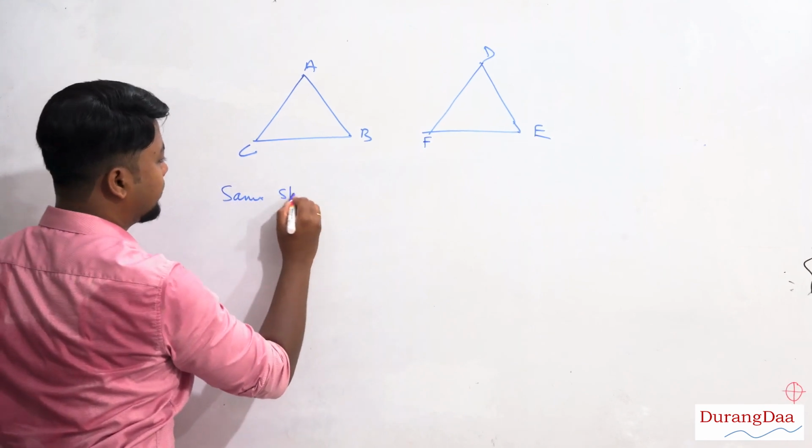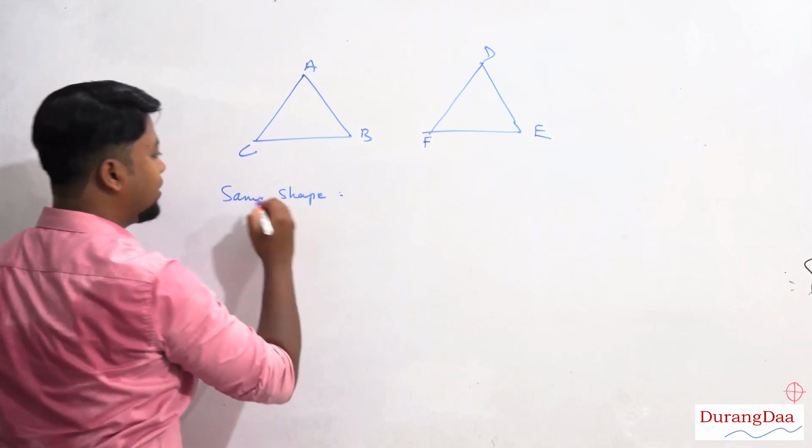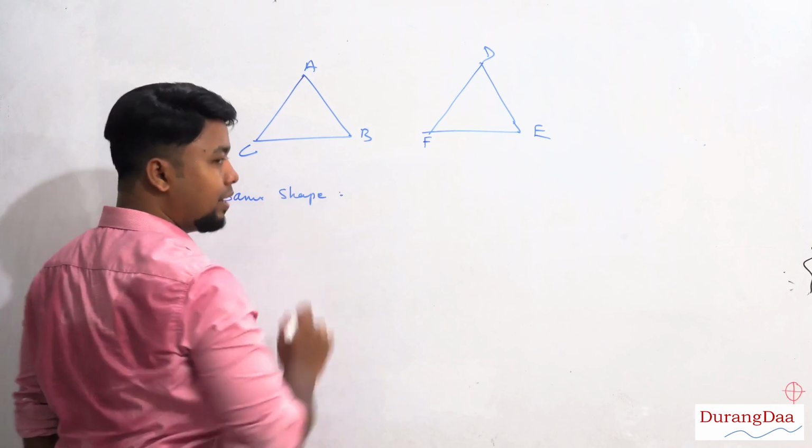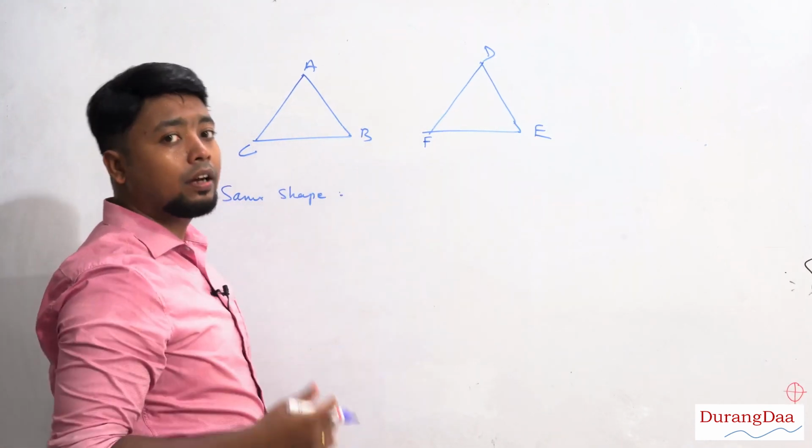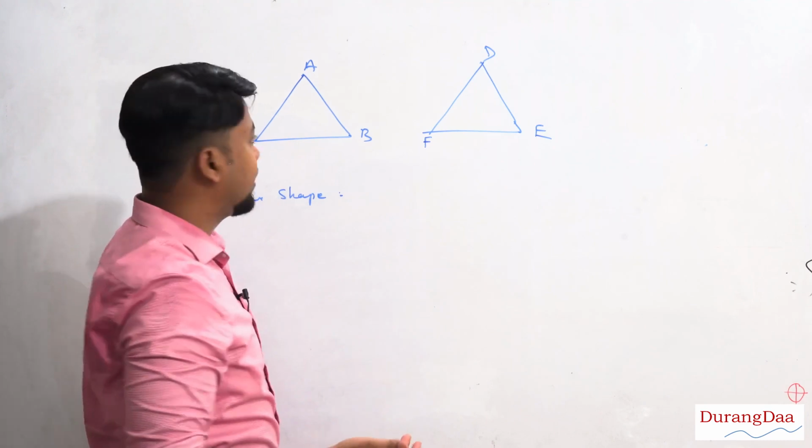Same shape. All right. The triangles would be of the same shape only if each angle of the triangle is equal to each corresponding angle of the other triangle.